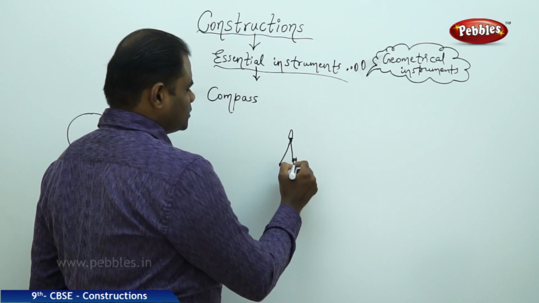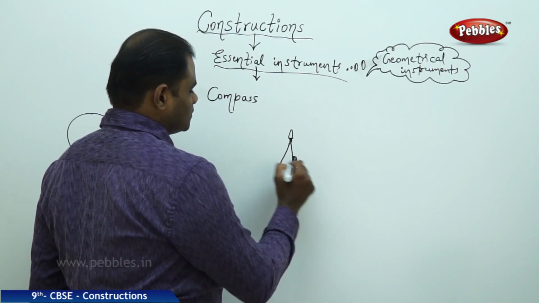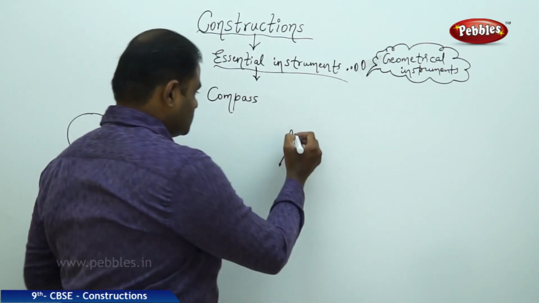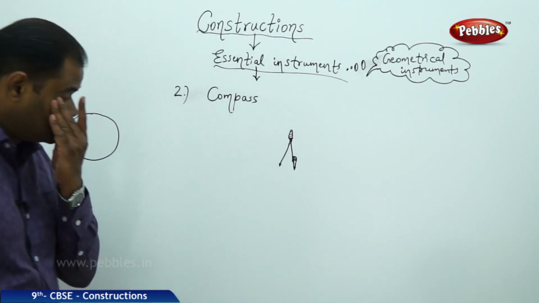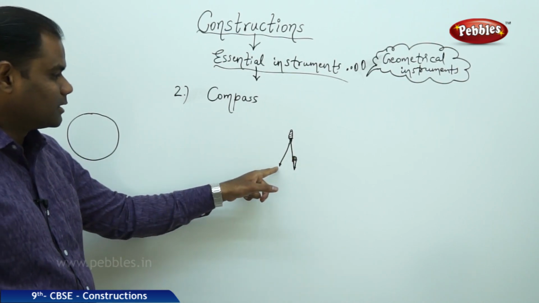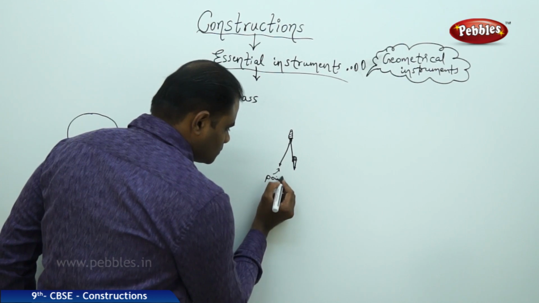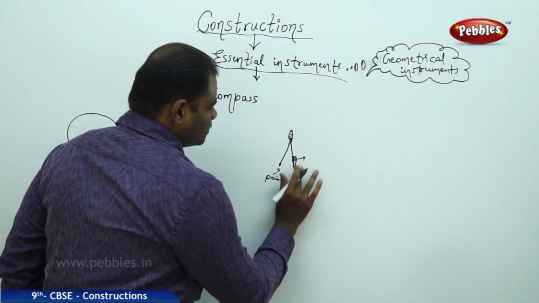So here I usually put a pencil, and then I can rotate the compass. A compass usually has a pencil which can be put on the other side, and this is the pointer of the compass. And this is the pencil holder.